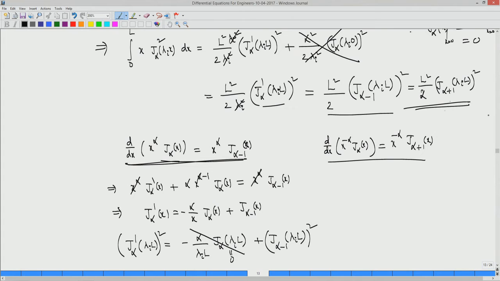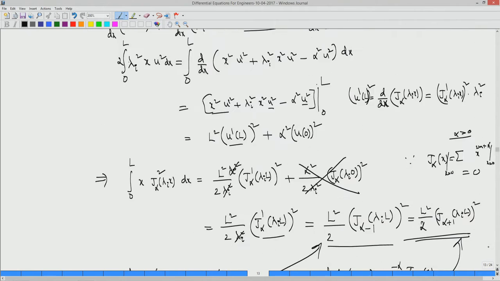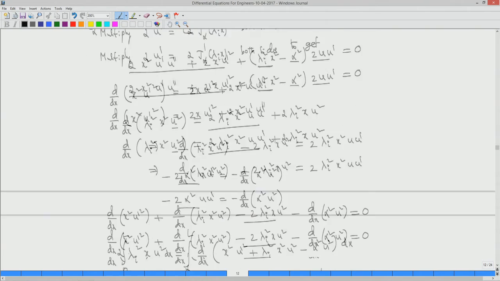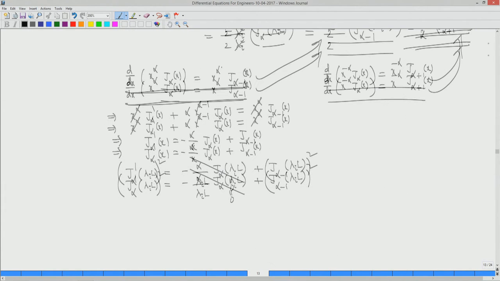Okay, both the things. Because I use this one, I got this result. That is this integral value. So, this is what we derived. If I use the other property, you can get this result that you can do yourself.